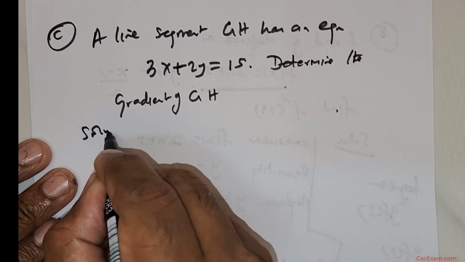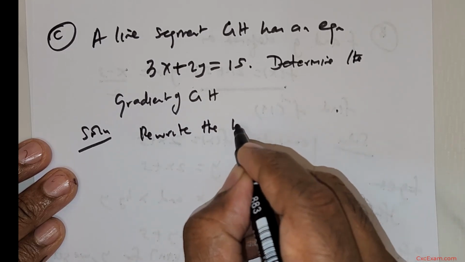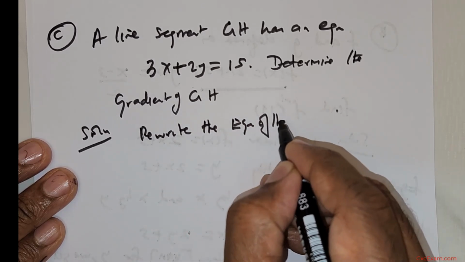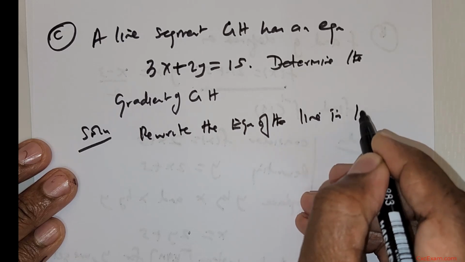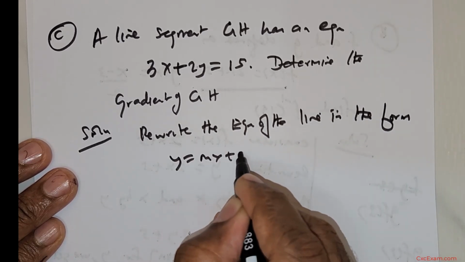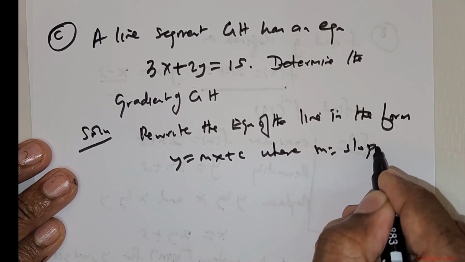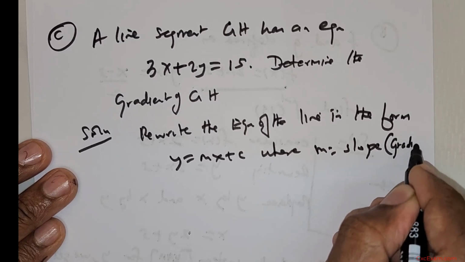Now solution: rewrite the equation of the line in the form y is equal to mx plus c, where m is the slope. Another word for slope is gradient.